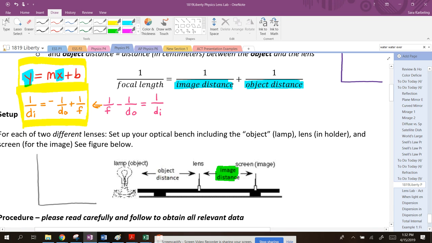What is going to be on my y-axis? The image distance? Is it going to be just plain old DI? 1 over DI. It's got to be 1 over. The 1 over does matter. And it seems a little weird, but it really does matter. So this is going to be 1 over DI.